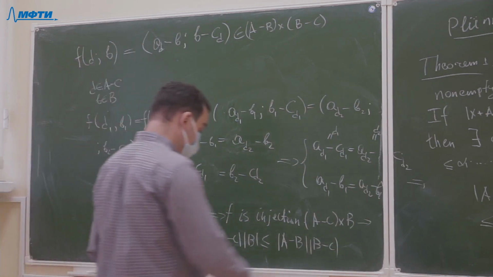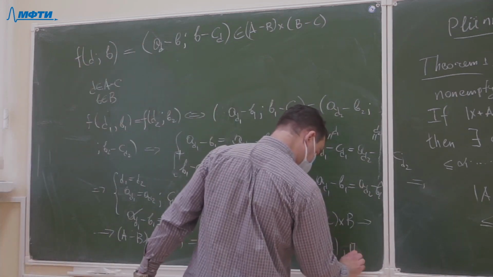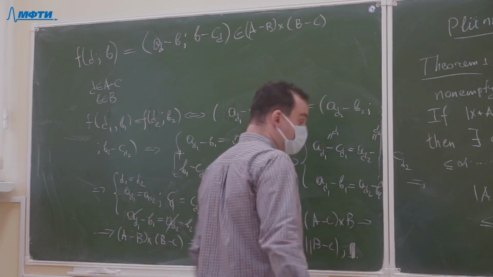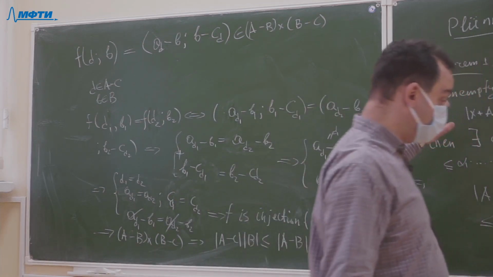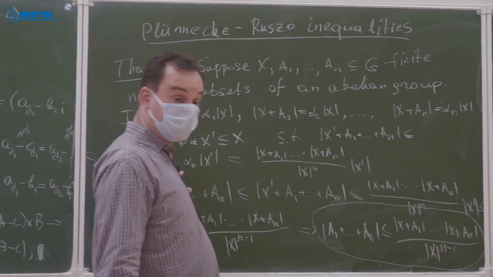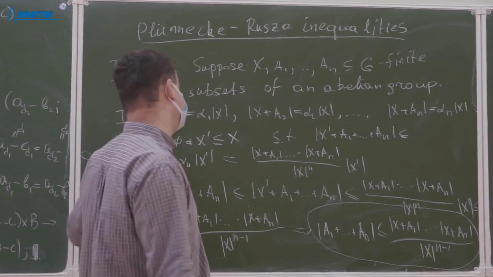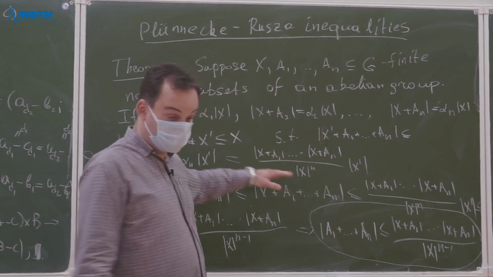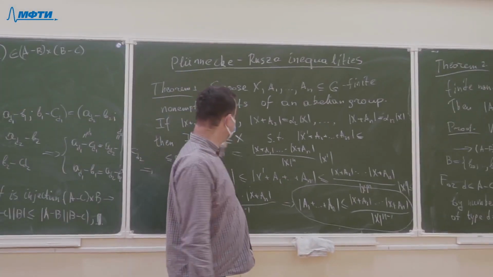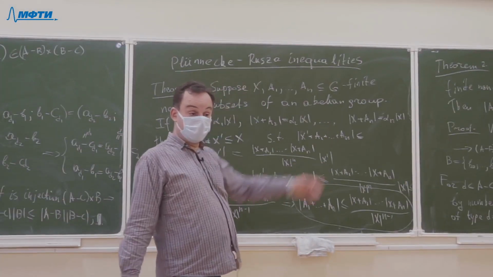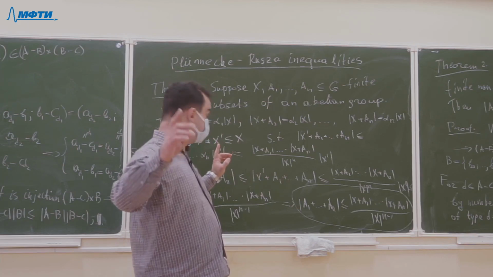Good. I can also give you a short proof of the Plünnecke-Ruzsa inequalities, in the case when A1 equals A2 up to An, when all the sets are equal.